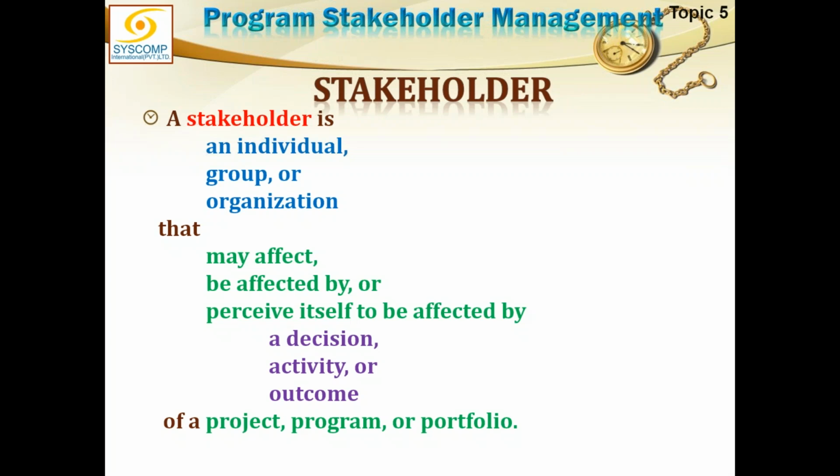For example, we are constructing a dam in Pakistan, and naturally, the people who will ultimately benefit from it are definitely stakeholders. People from agriculture, people from Balochistan, people from all over the country have some concern. Then naturally there are other stakeholders who will have to sacrifice their land.